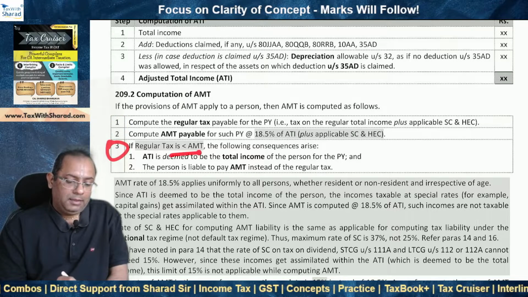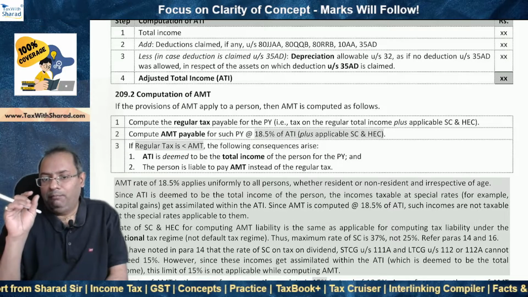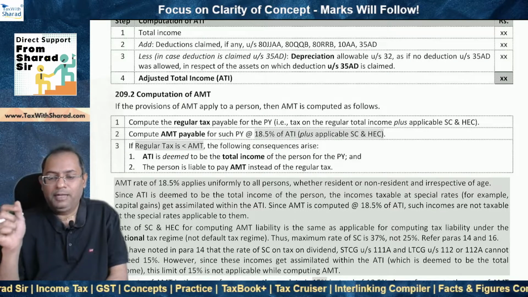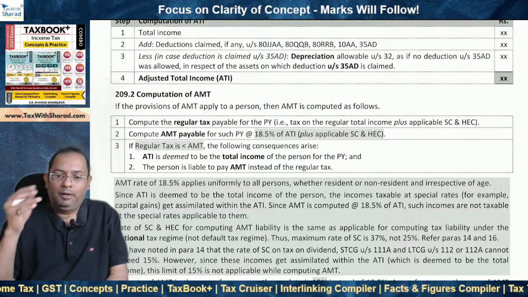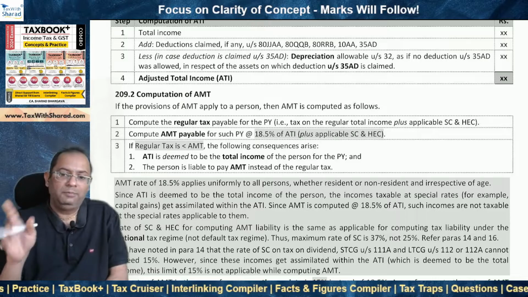Now, if regular tax is less than AMT, then AMT becomes payable. Why? Because AMT means alternate minimum tax. So it is the minimum amount of tax which the government wants you to pay. So if the regular tax is less than AMT, the government wants you to pay at least the AMT. So AMT becomes payable.